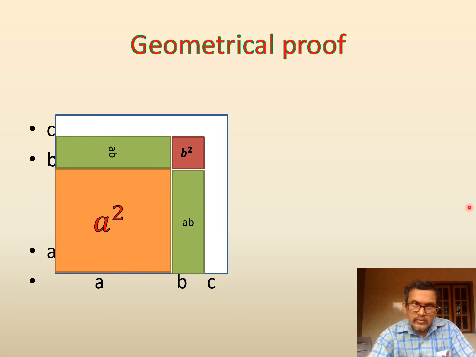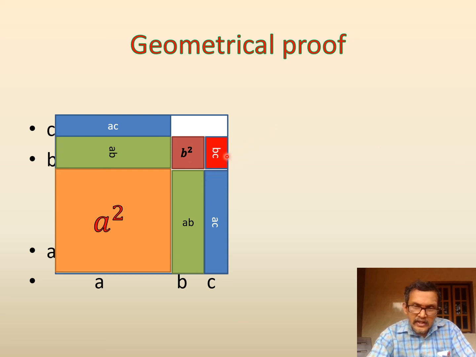So continue now. Now this is C, this is A, so this area is AC, and you get another rectangle, A and C, AC. So 2AC. Here another rectangle comes, this is B, this is C, and this area is BC, and another BC. Now one square remains, C into C, C squared.